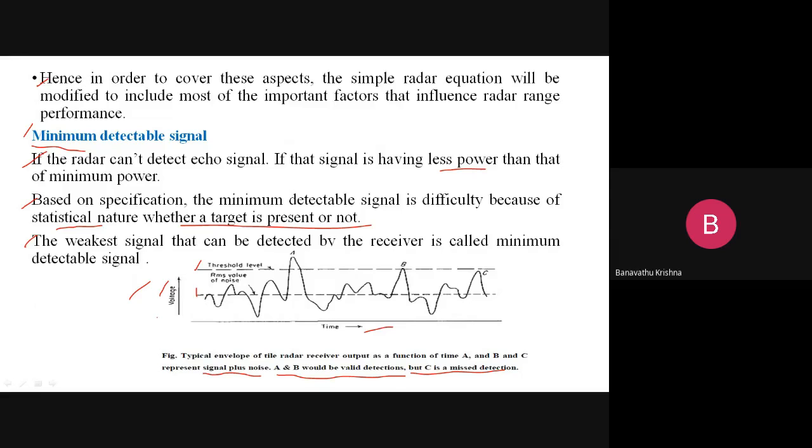And one more thing here is a signal. This signal is nothing but the reflected signal received back at the radar receiver station from the target. Let us observe the signal. The signal goes through different levels. Here we are marking three points: A, B, and C.